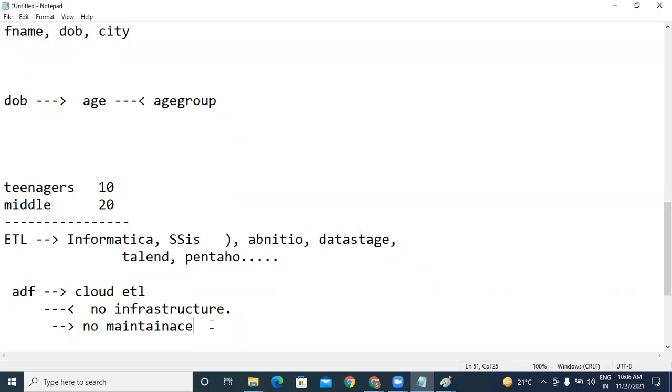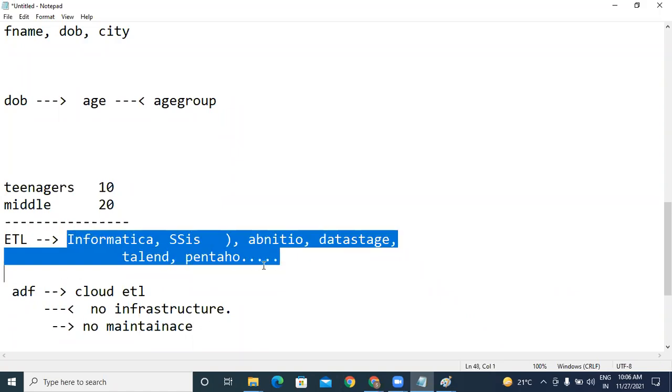Similar to that, in the case of AWS, Amazon Cloud, you have Amazon AWS Glue, with the same purpose as ADF. Got it? Also, if you take any of these ETL tools, some coding involvement will be there. But in the case of ADF, it is a zero coding ETL environment.